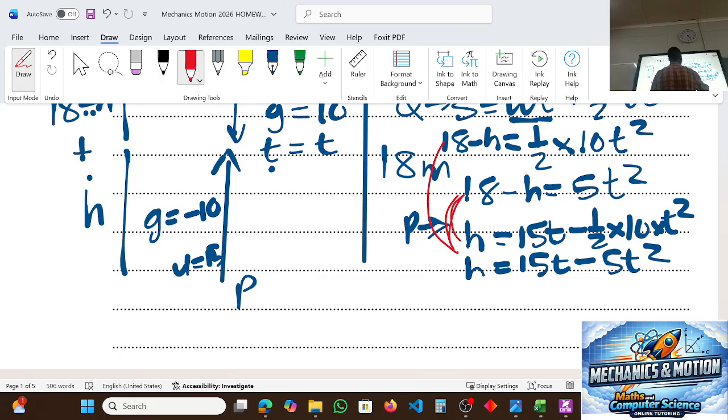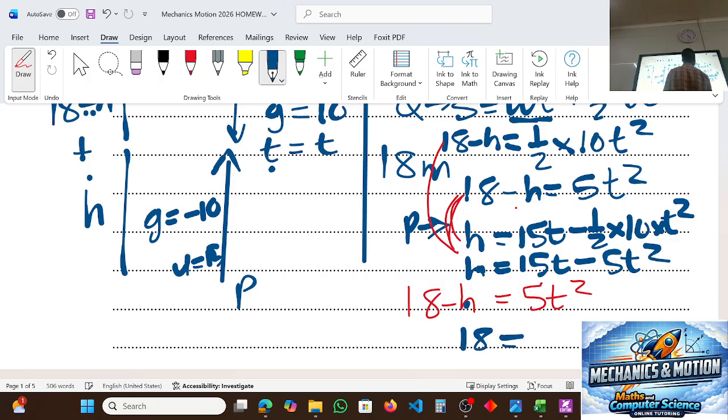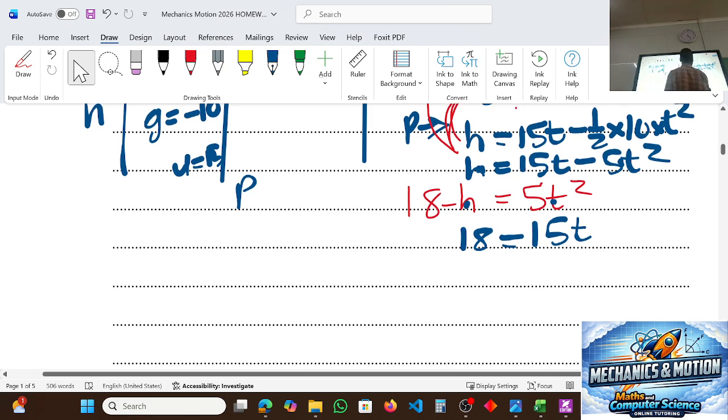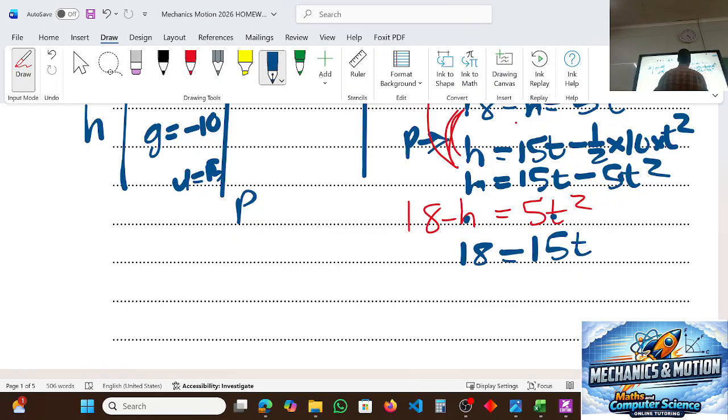I can easily write this one below, 18 minus h equal to 5t squared, and when I sum in line, these two are going to cancel. So I'll remain with 18 being equal to, and also these two will cancel, so that's 15t. As I proceed with the calculation, it will end up being t equal to 18 divided by 15 seconds.